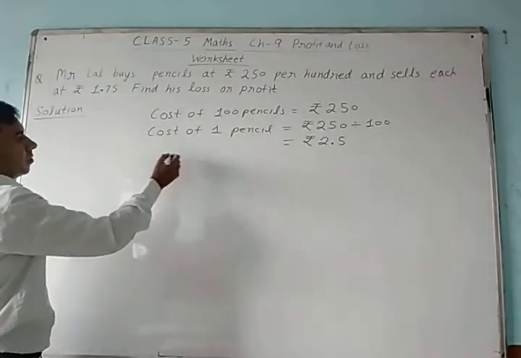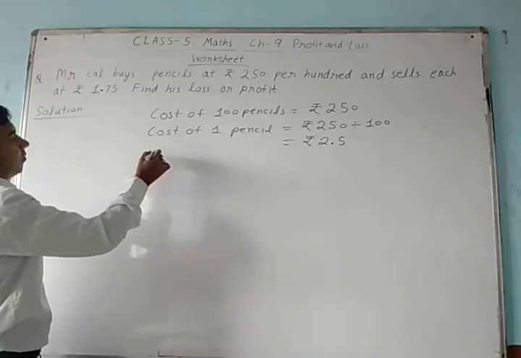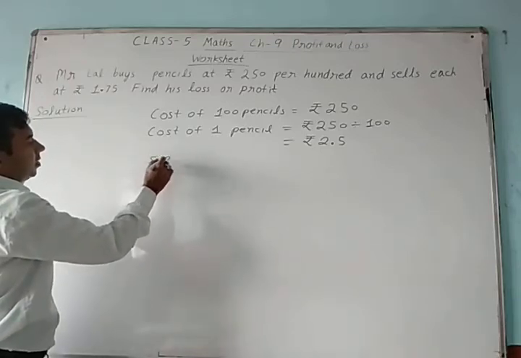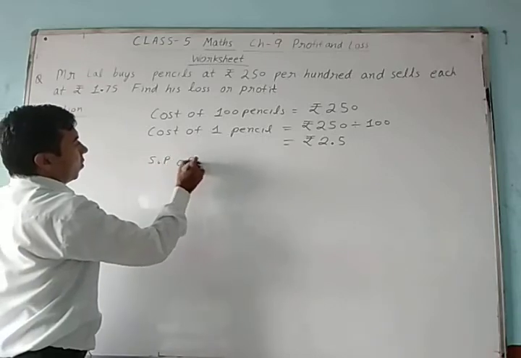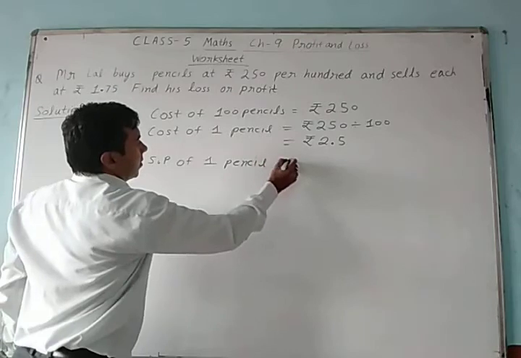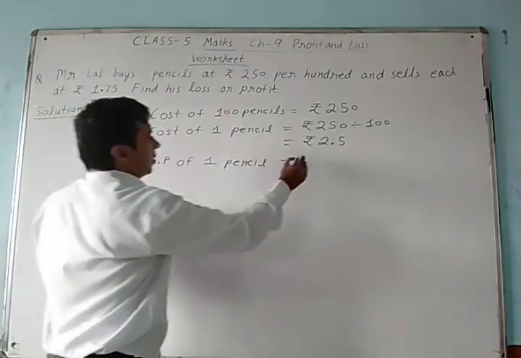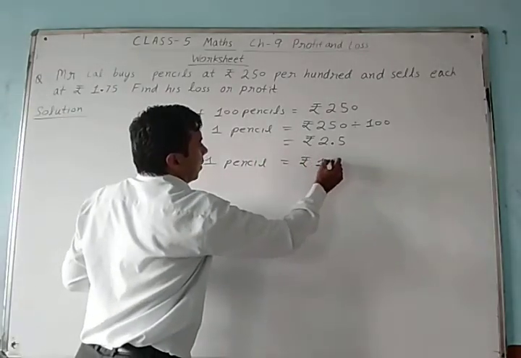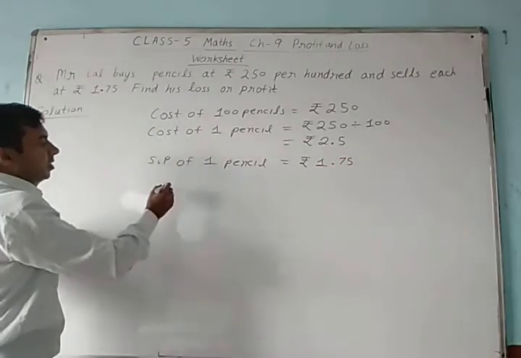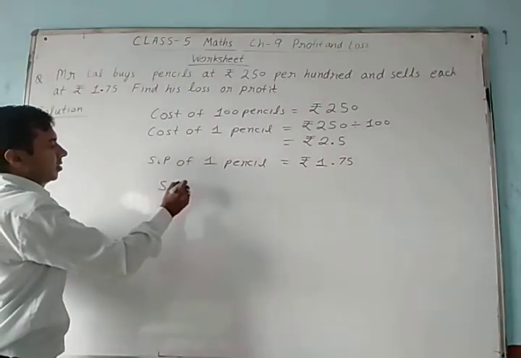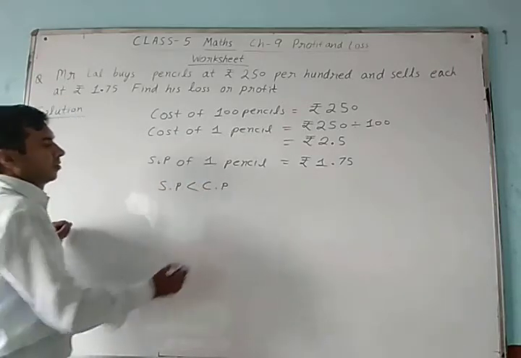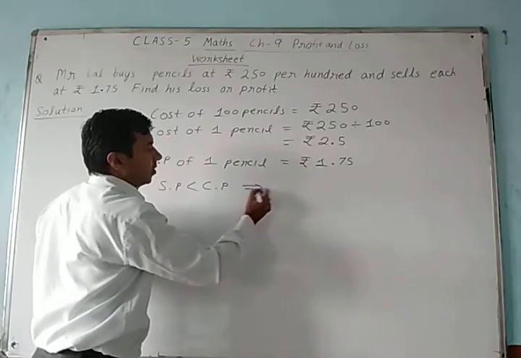Now student, the selling price of one pencil is given as rupees 1.75. Now students, see, selling price is less than cost price, then it is, student, what?